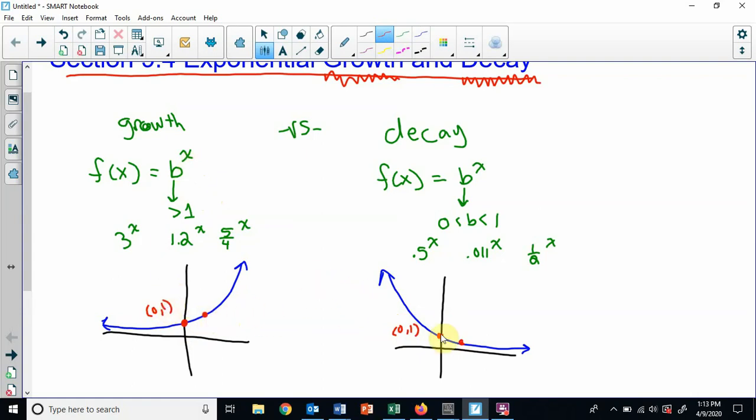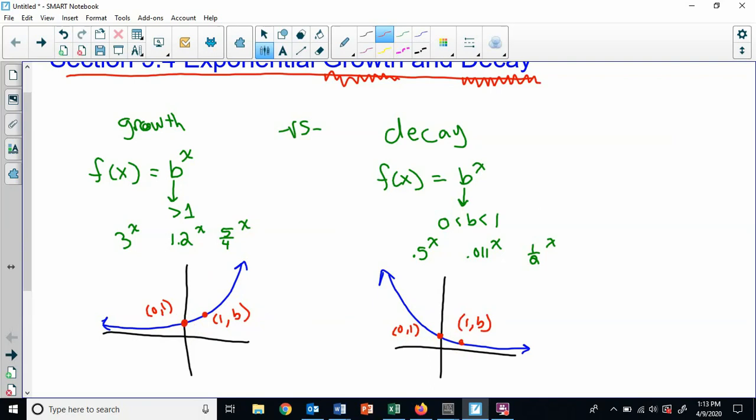And they both will have the point 1, and then whatever the base is as the y value. Knowing whether it's growth or decay, and knowing it's going to cross at 0, 1, and then 1, b, whatever b is, you can sketch these really quickly. So that's how things look.